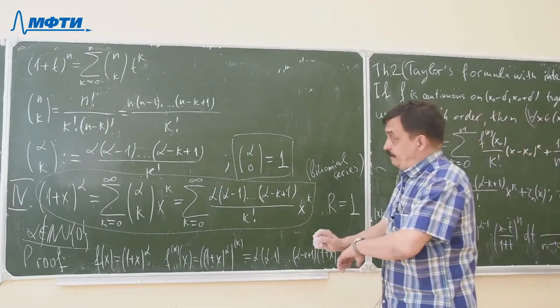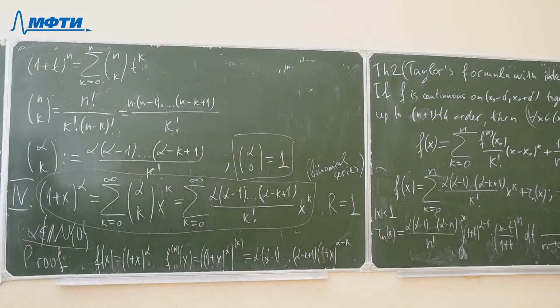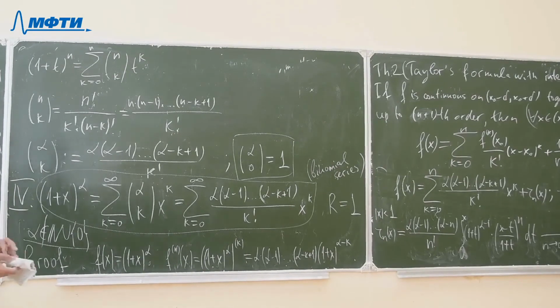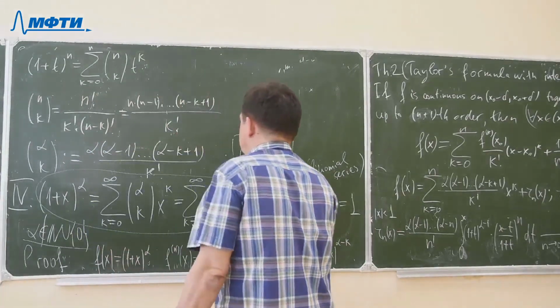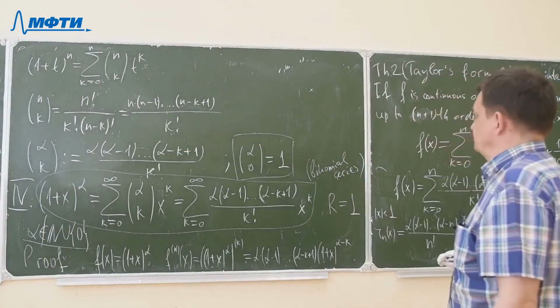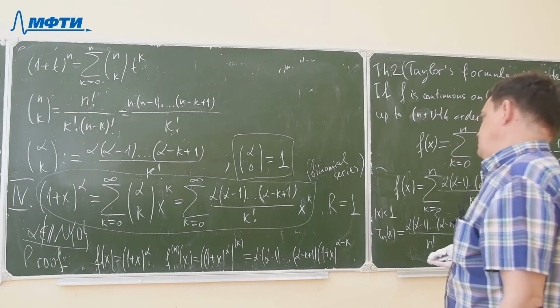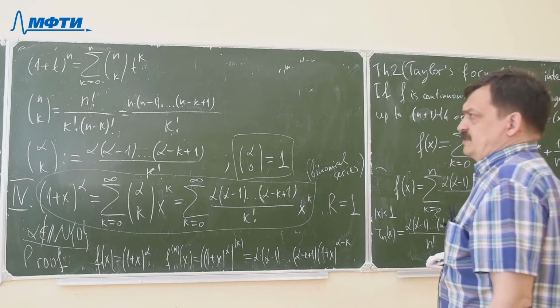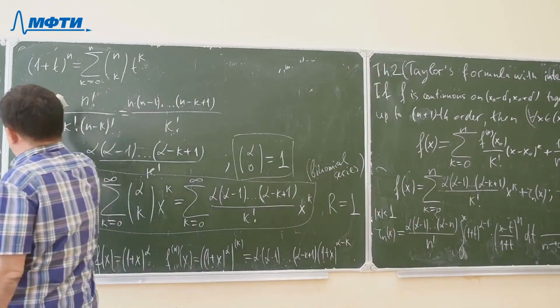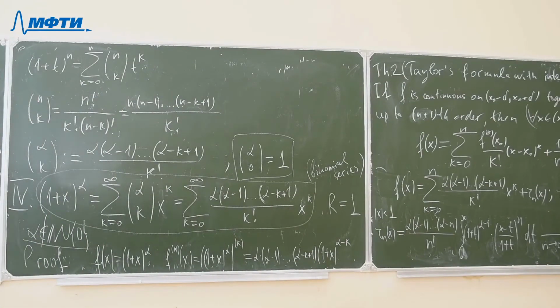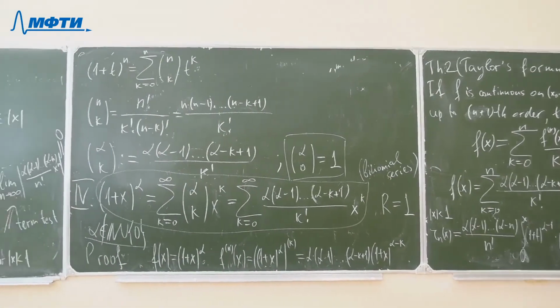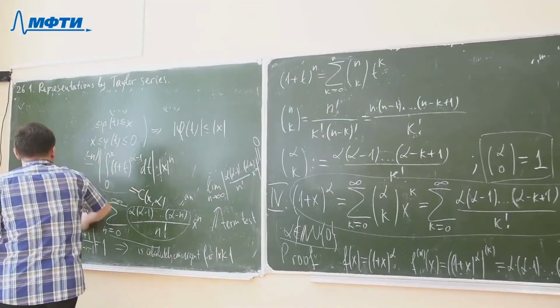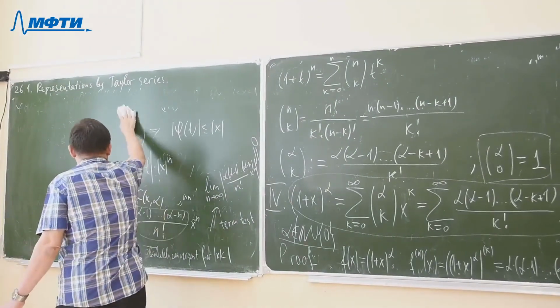Okay, and the last of the main expansions is a particular case. In fact, one. The binomial series we know, because it is nothing else but the sum of a geometric progression.